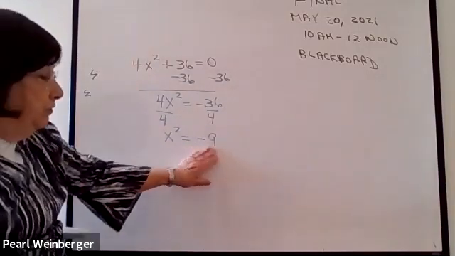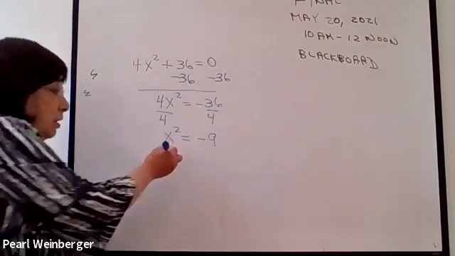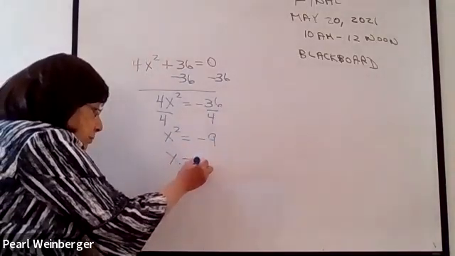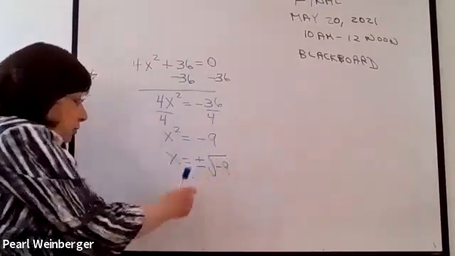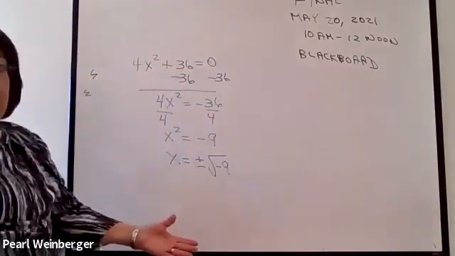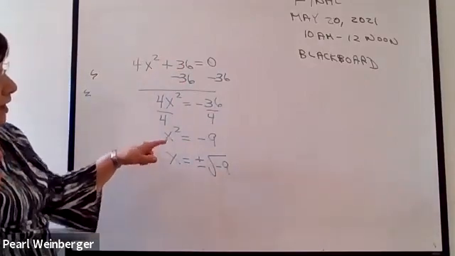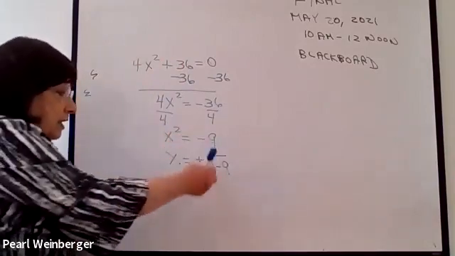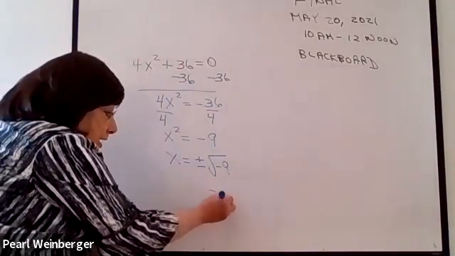Of course, you're not finished over here because when it says x squared equals negative 9, you have to take the square root, you have to do plus or minus the square root of negative 9. Don't forget, unless it's on a graph and you can't get a negative, then you have to do the positive or negative square root of negative 9. And remember, the square root of negative 9 is 3i.